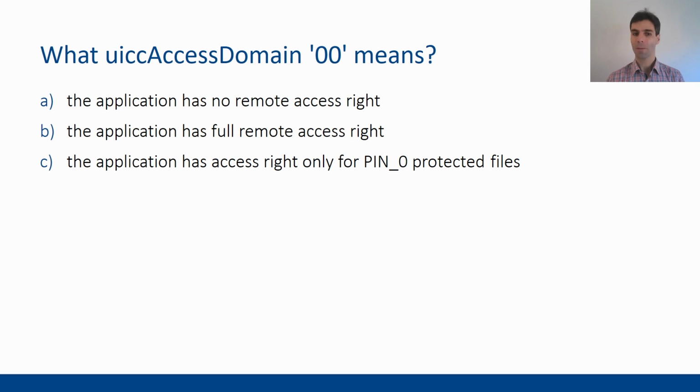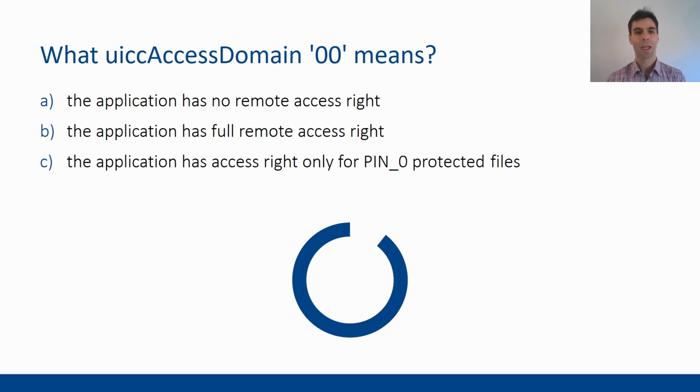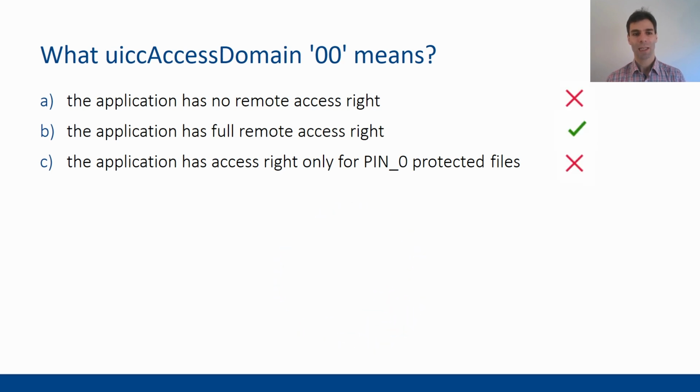Or C. The RFM application has access right only for pin 0 protected files. Which is the correct answer? The correct answer is B. The application has full remote access right.